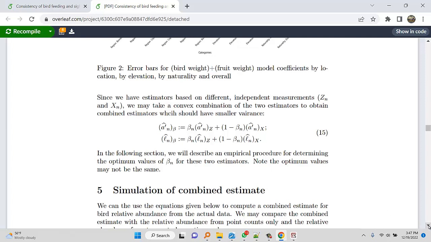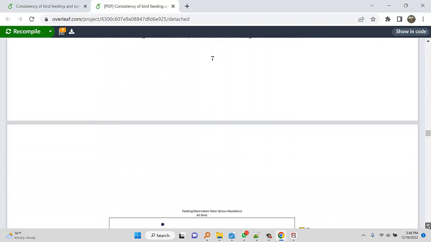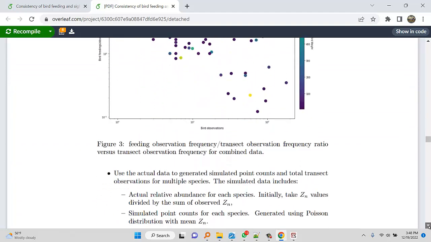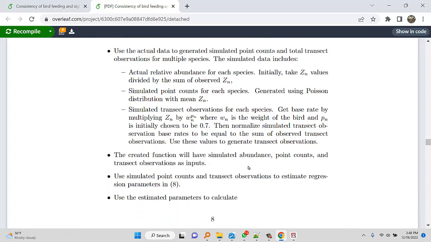All right. So these are the steps. So far, I think that we have generated the simulated data. We take Zn, we take simulated point count, and we simulate the transect observations. Right. Now, what we want to do then is to use these parameters to estimate the regression parameters in this equation here.